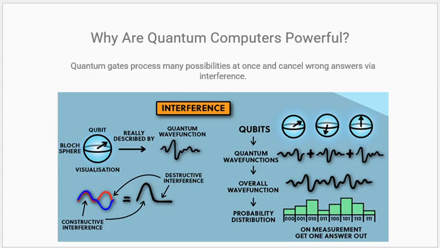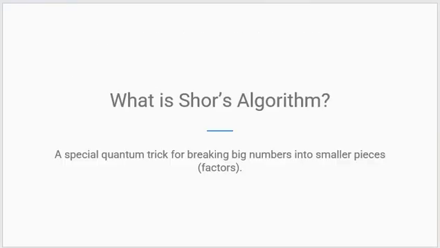Now that we have the basics of how quantum computers work and why they're so amazing, let's talk about a famous quantum trick called Shor's algorithm. This is a way quantum computers can break some of the secret codes that keep our information safe on the internet.